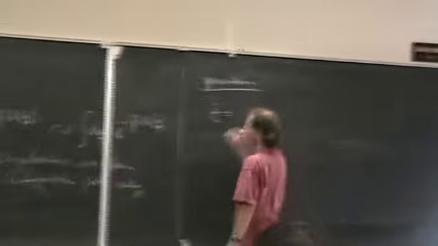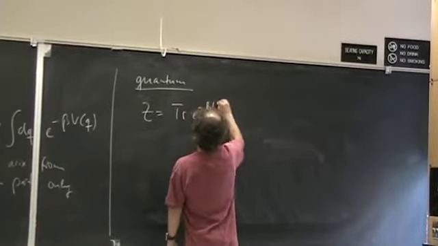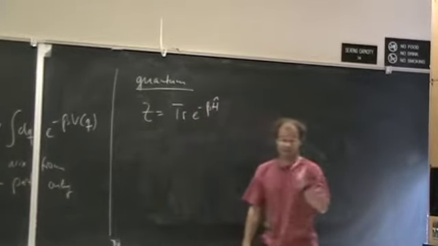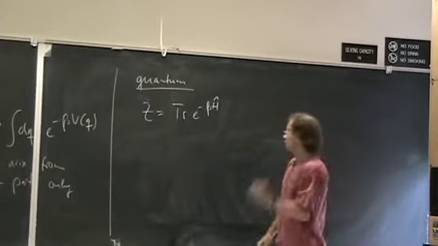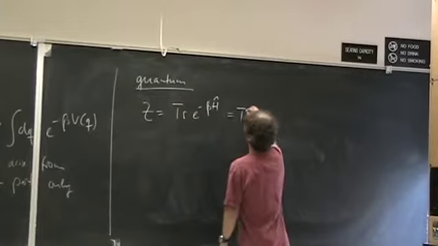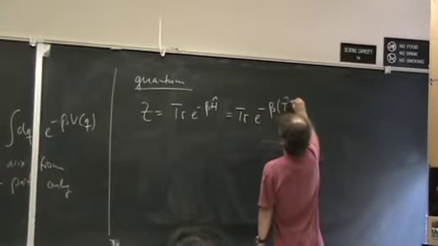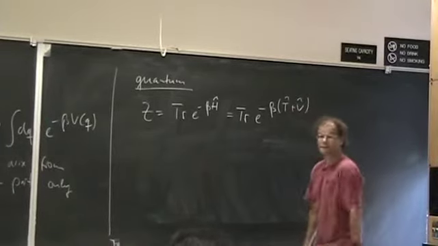The partition function, as you all know, of course, is the trace of e to the minus beta H, and let me put the hat here to emphasize that these are operators now. Which is of course the trace of e to the minus beta (T plus V).